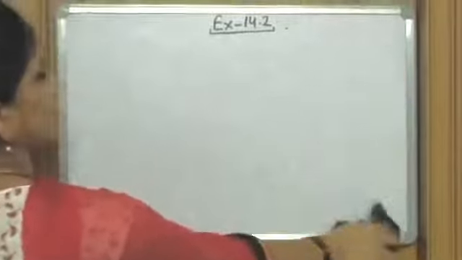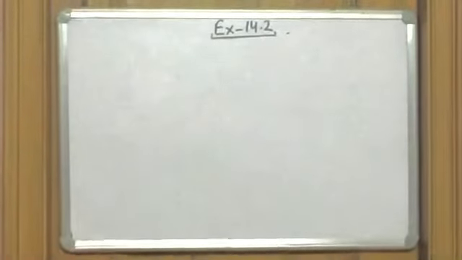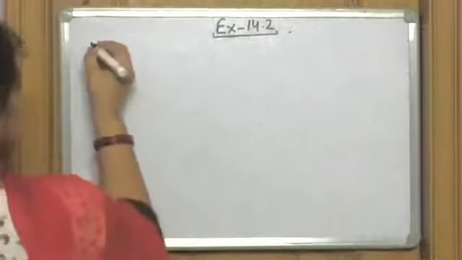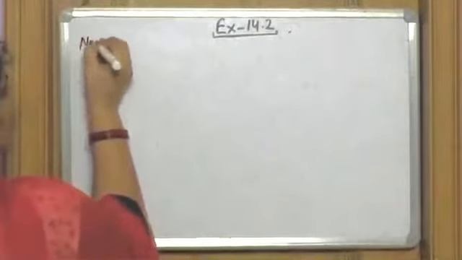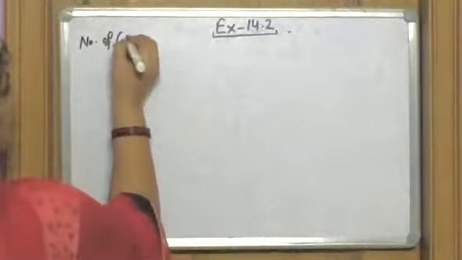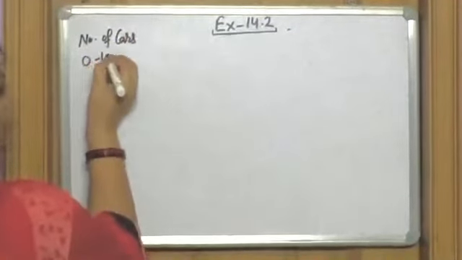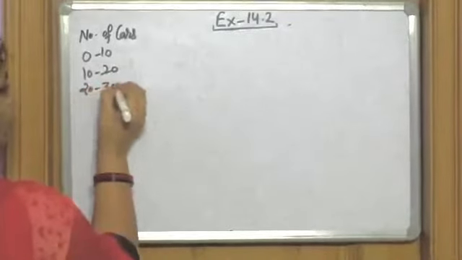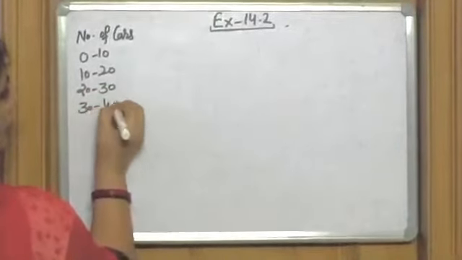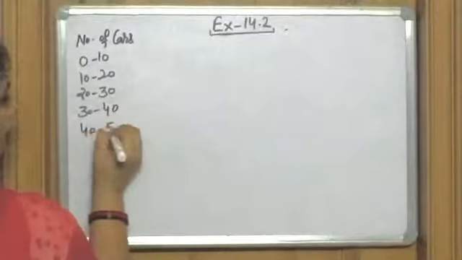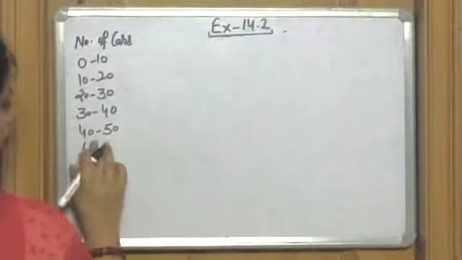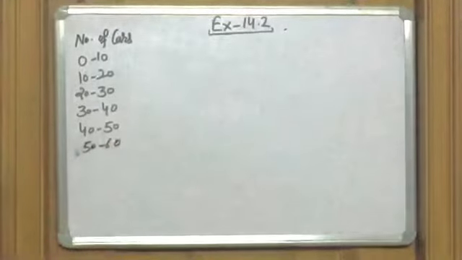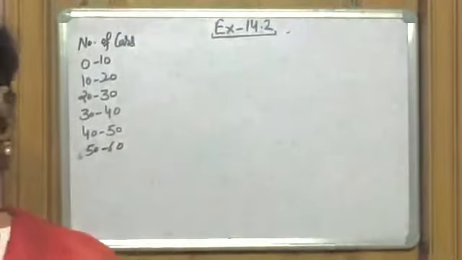Next, the class interval starts from 0. You are given the number of cars. This is the number of cars: 0 to 10, 10 to 20, 20 to 30, 50 to 60, and this is up to 80.